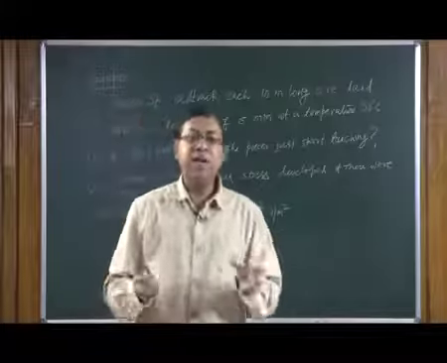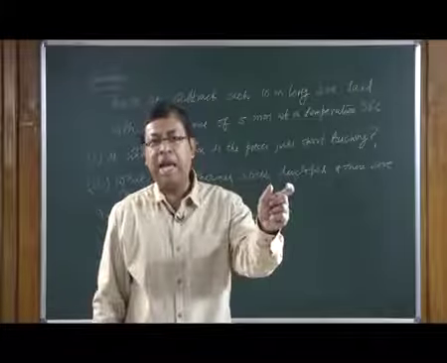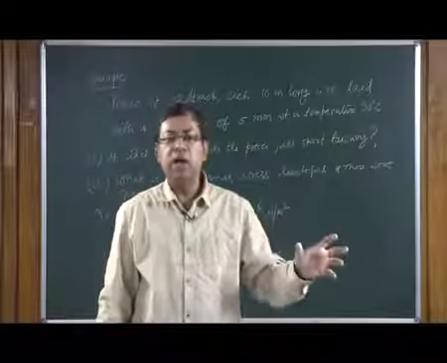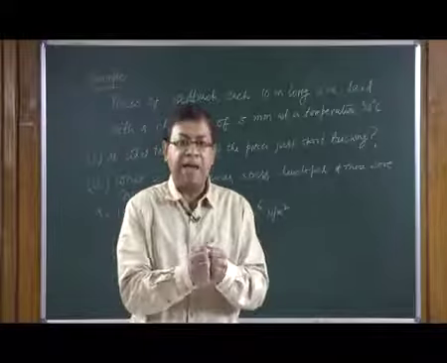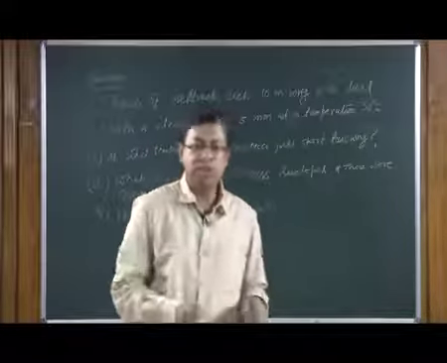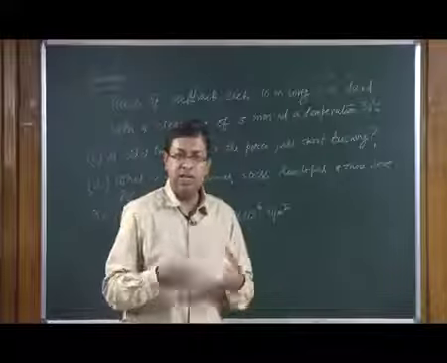And in order to do that, they have kept small gaps in between, so that even if in summer they expand and come closer to each other, they should not cause stress. And that is how they are designed.